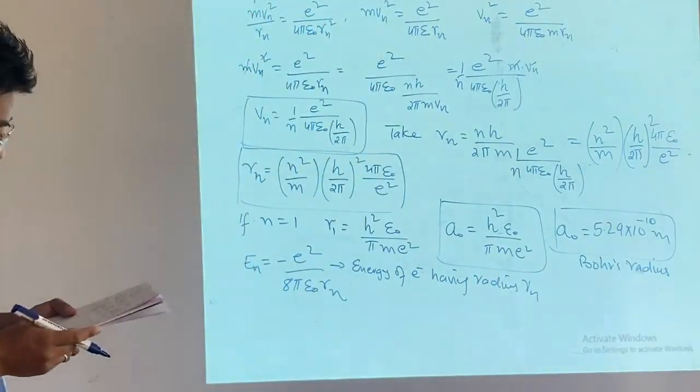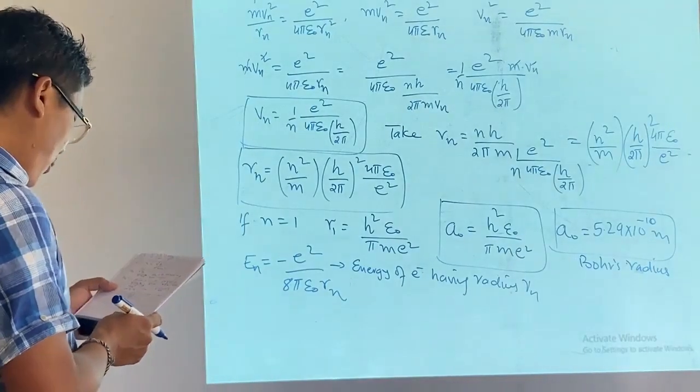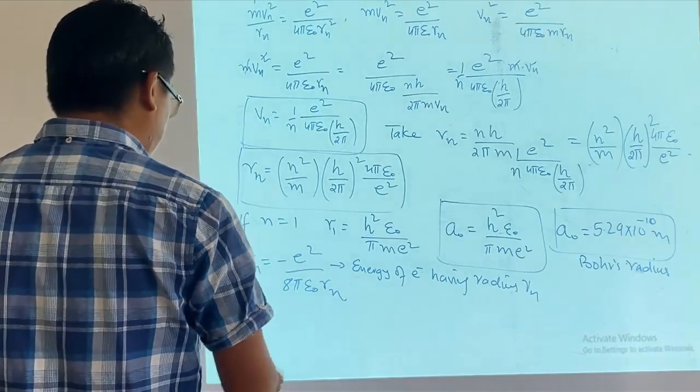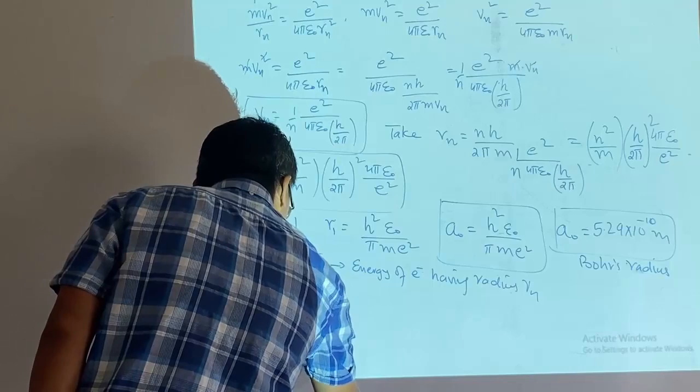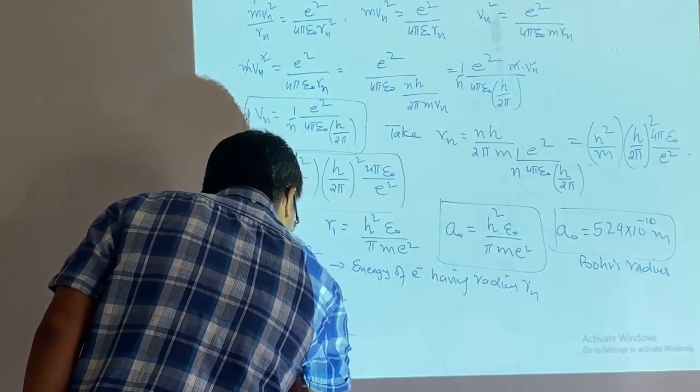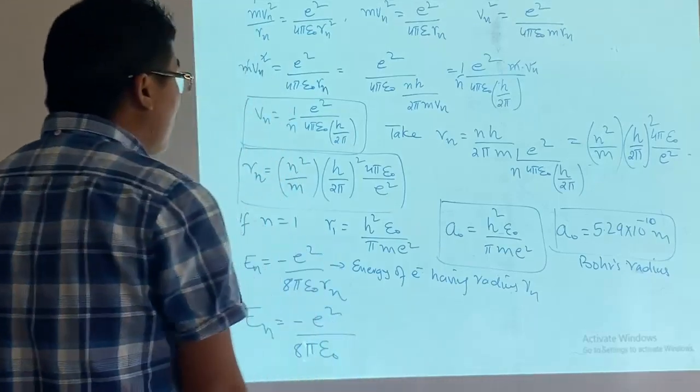This is the energy of an electron having radius Rn. Now I would like to substitute the value of Rn. When I substitute the value of Rn, what is the value of Rn?